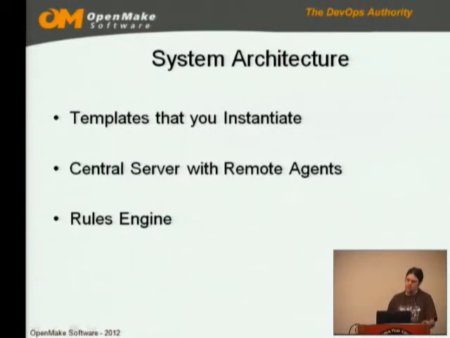The rules engine is also pretty important because it's doing dependency analysis and scanning, and then reporting after the process is done. I'm sure some of you are wondering where Perl comes in. Well, for us, Perl is the glue.